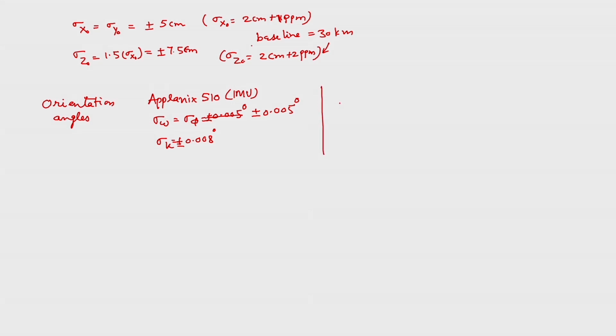What about the values of omega phi kappa? Generally, we take omega phi kappa equal to 0, and you can take original values also if you have, but for the time being you assume 0 degree.